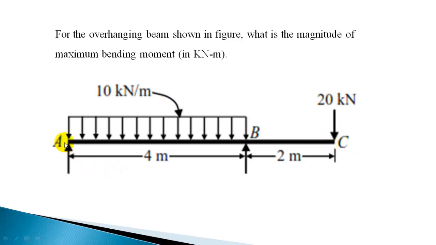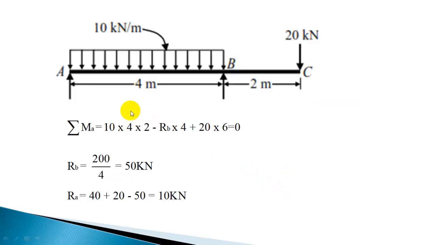Now let us take the moment summation with respect to point A and find out the reaction at B. So taking the moment summation with respect to point A, this resultant load is 10 into 4, 40, and that will produce a moment of 10 into 4 into 2. The distance of centroid of the load is 2 meters away from the support.